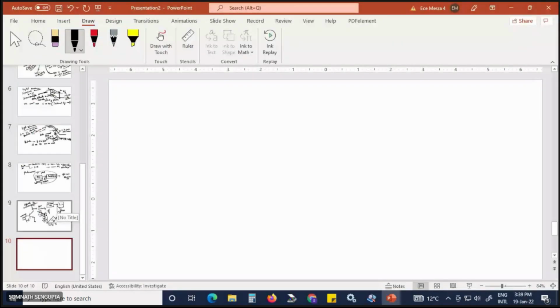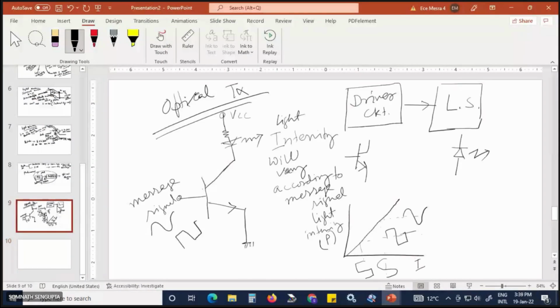Time delay, yes, obviously. Time delay means it is actually response time. Once the input signal is applied, the light is not emitted immediately.